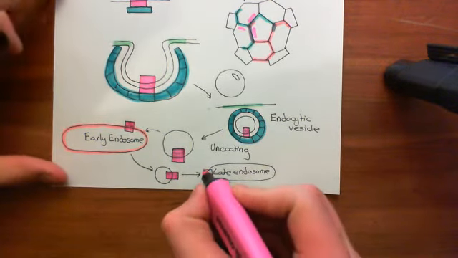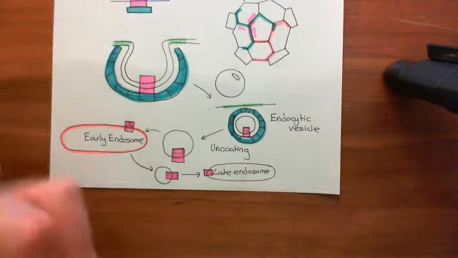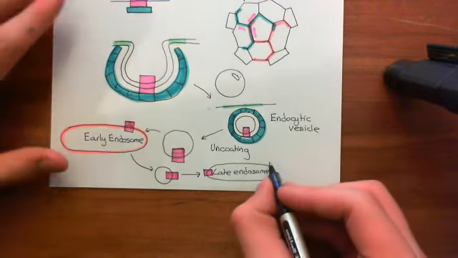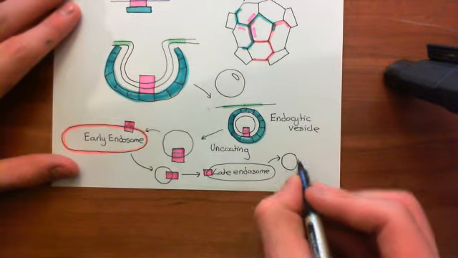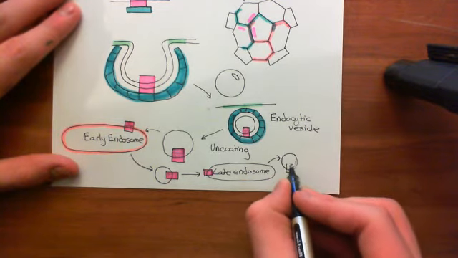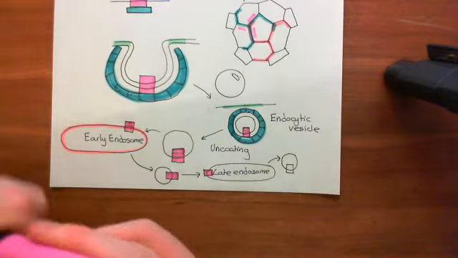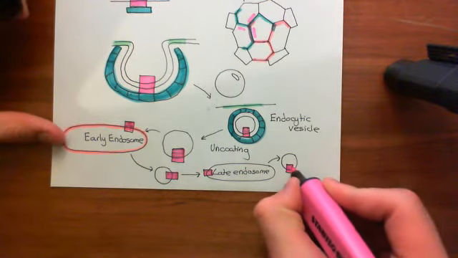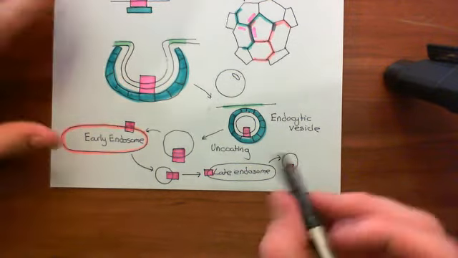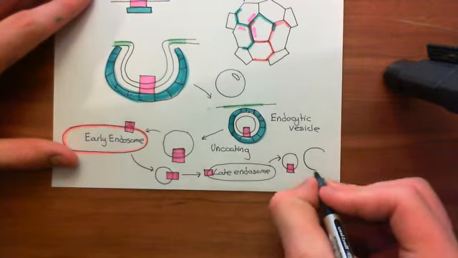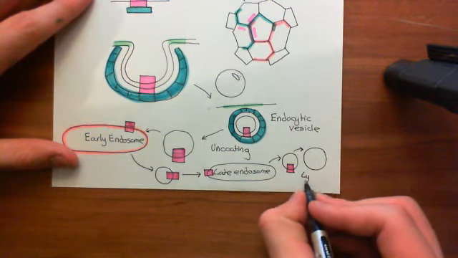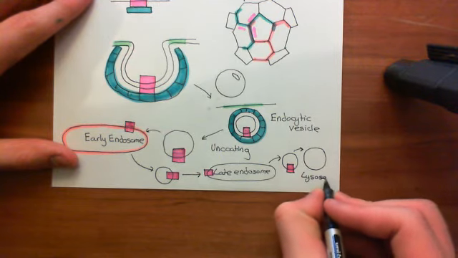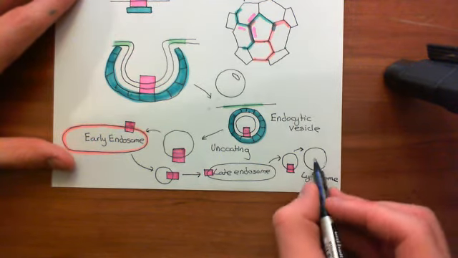Finally, if we want to destroy the receptor tyrosine kinase, you'll get a vesicle budding off the late endosome, shown here, which will then go to another intracellular organelle known as a lysosome, which I'll show here, and this vesicle will fuse with the lysosome, and the receptor tyrosine kinase will be broken down in the lysosome.